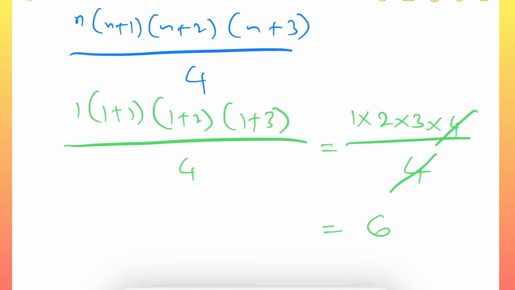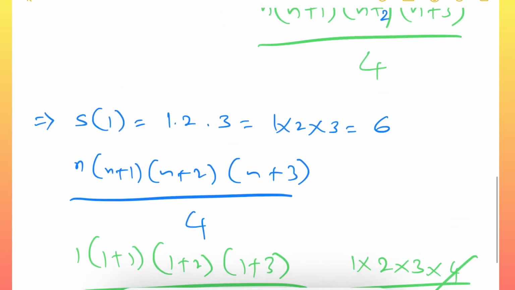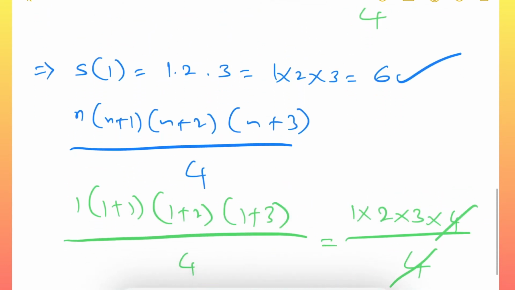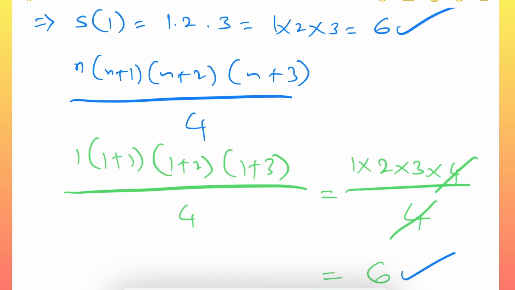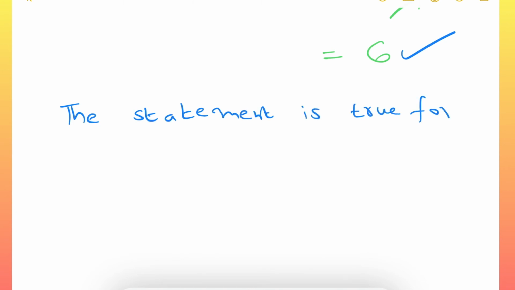Now if we observe this answer as well as S of 1, both the answers are the same, so we can say the statement is true for n equals 1.